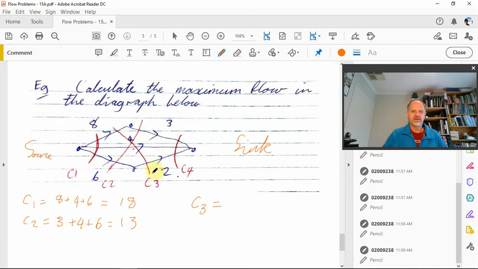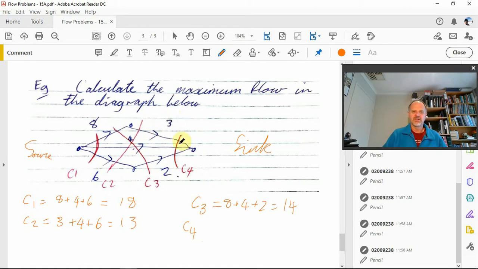Cut 3. It's this line here, and again, source to sink, source to sink, source to sink. This line is 8. This line in the middle is 4. This line here is 2. And that's 14. And then C4, which is this one around here, all going from source side to sink side.